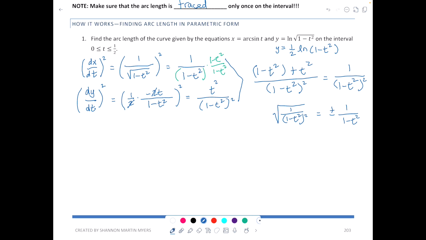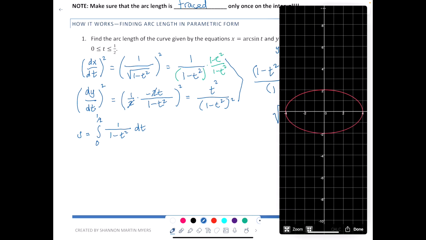Okay, so here we go. This one, unfortunately, or fortunately, depending on your perspective, requires trig substitution. So here we go. Our original integral will be s equals the integral from 0 to 1/2, and I'll need to check that it doesn't overlap itself. And then we'll have 1 over 1 minus t squared with respect to t.